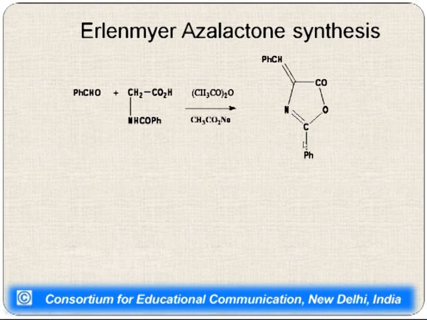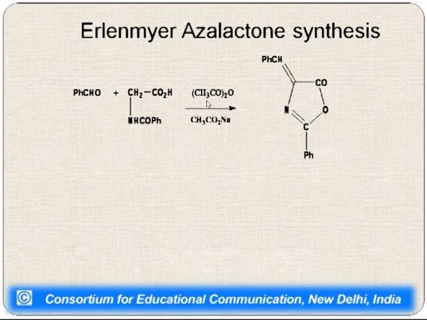Now, it requires some explanation, although I have not put it into the slide because it would take away from the reaction, of how this cyclic molecule is being formed. Actually, what is happening here is that this is acting as an active methylene group.